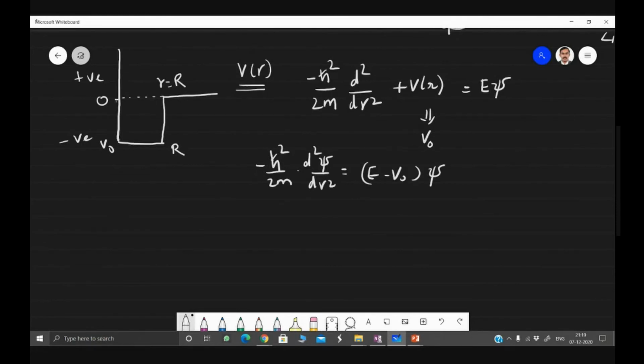Okay, so let us denote this region as region 1, where we have the potential value as V naught, and region 2 where the potential becomes 0.